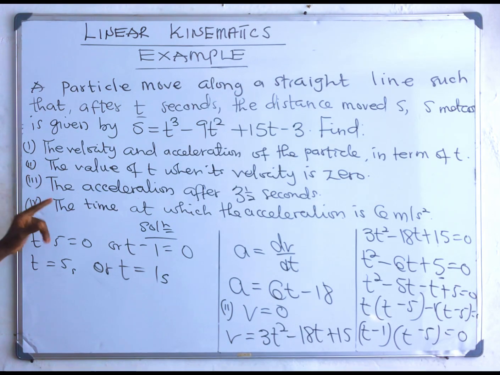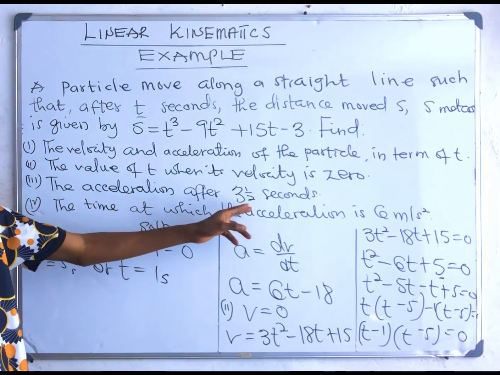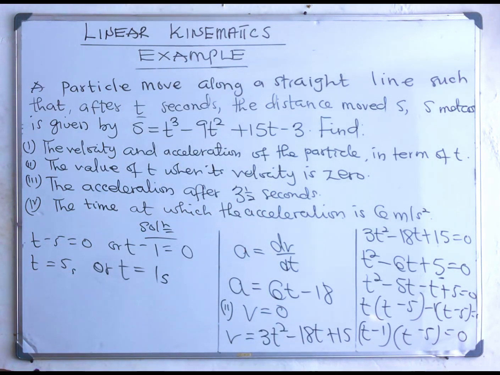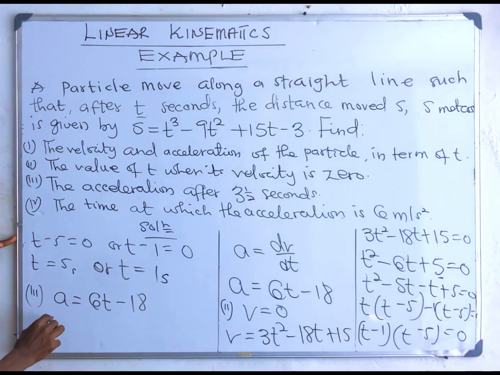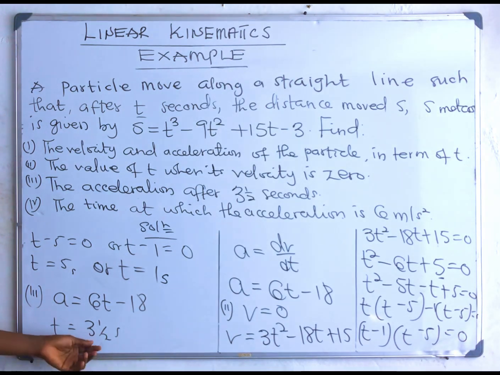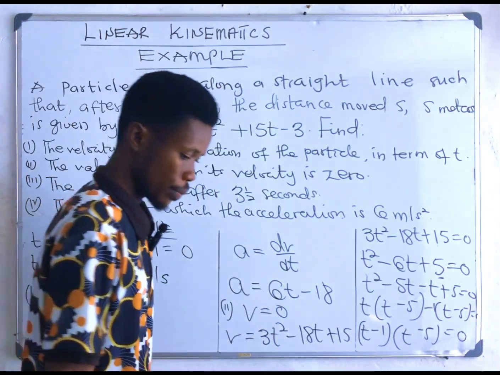Now the third one is saying the acceleration after 3.5 seconds. So that is part III. Acceleration after 3.5 seconds. The formula for the acceleration was 6t minus 18. So if time is given as 3.5 seconds, it means that we should substitute the 3.5 seconds here. So let's clean this side.